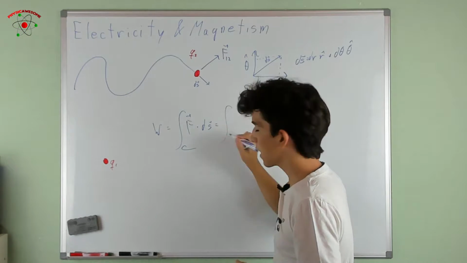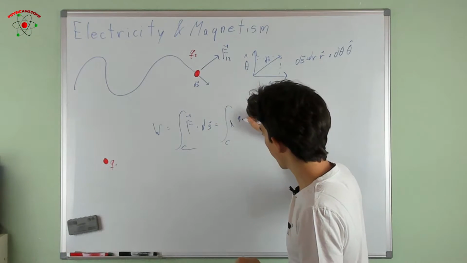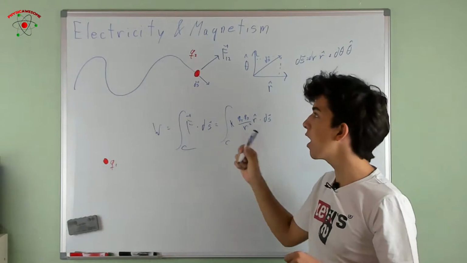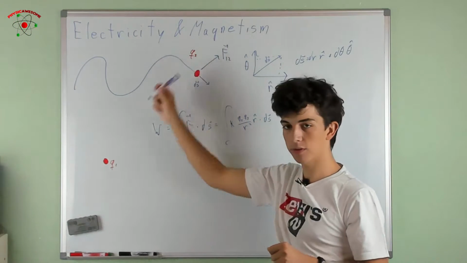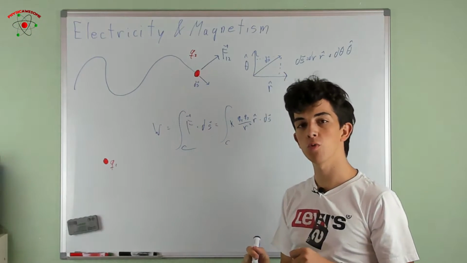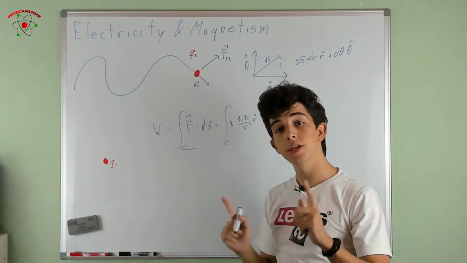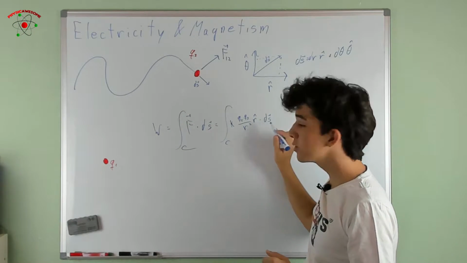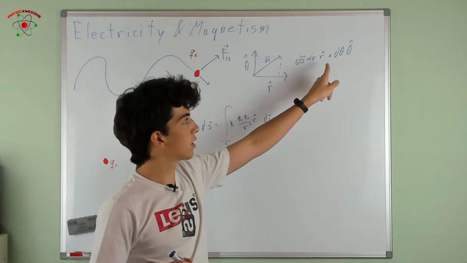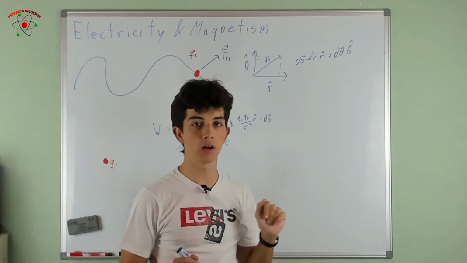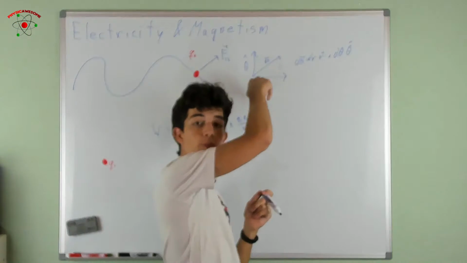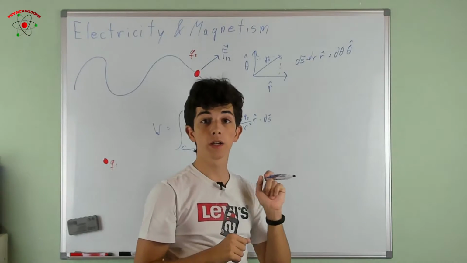Remember that our force is pointing in the r hat direction, radially outwards if we take the charge q1 as our origin. Therefore, when we do this dot product, we're going to have an r hat times an r hat, which is going to be a dr, and an r hat times a theta hat, which is 0 because they are perpendicular vectors.